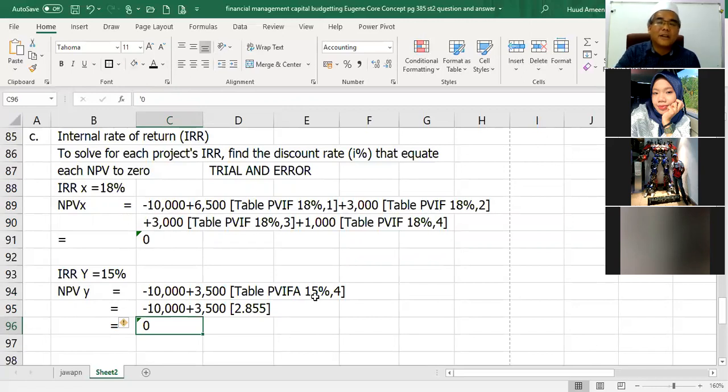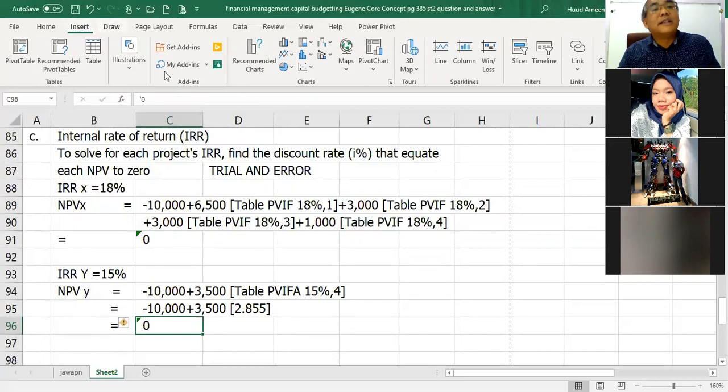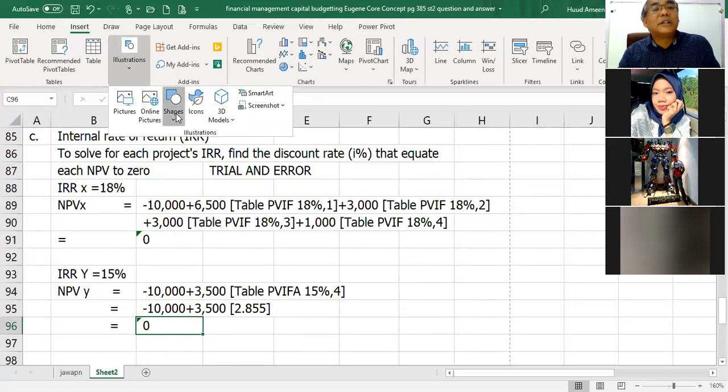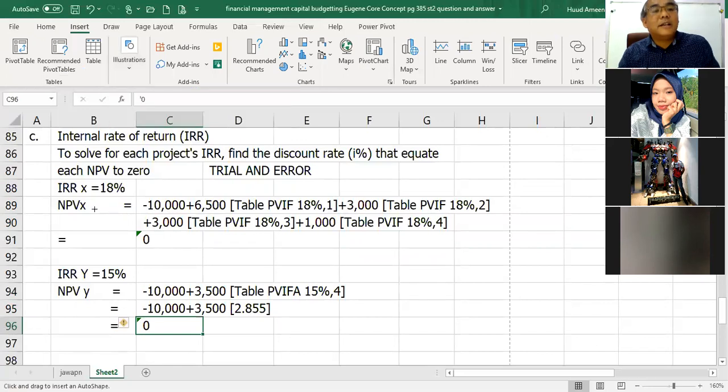In the previous question the I was given as 10%, but here you need to find the I that gets NPV equal to zero.